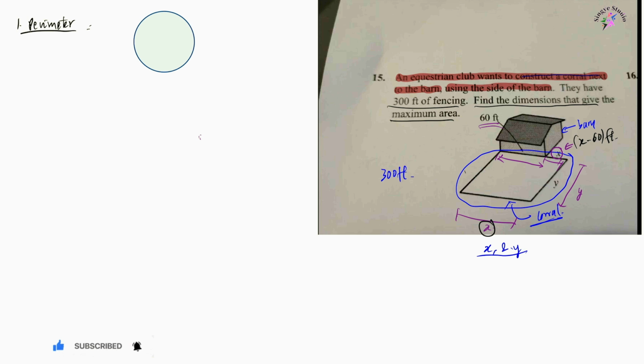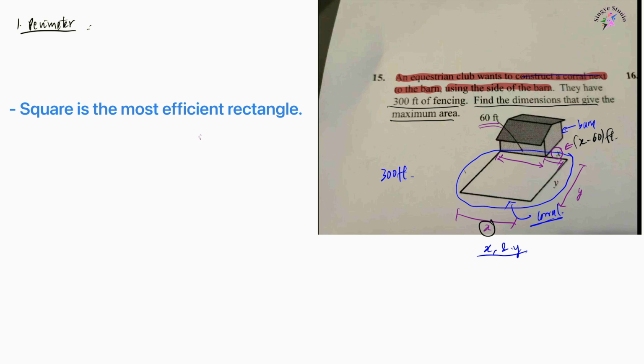Such that when we optimize, we have to make sure that x is equal to y, as the square has equal sides and the square is the most efficient among the rectangles. It's very interesting.